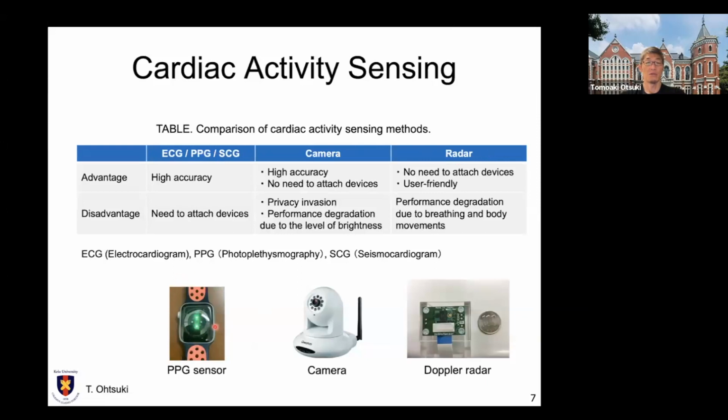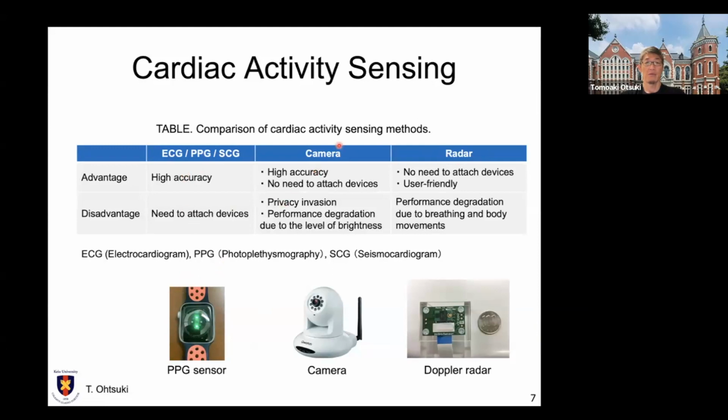The Apple Watch has PPG, also ECG, and of course this is a wearable device, and if your state is stable, we can expect relatively high accuracy. But of course, we need to attach devices.